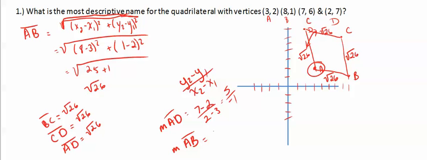For AB, it'll be 1 minus 2 over 8 minus 3, which will give us negative 1 over 5. Although these are both reciprocals, they are not perpendicular, therefore it cannot be a rectangle, therefore it cannot be a square. Therefore, the most descriptive name for this one would be a rhombus.